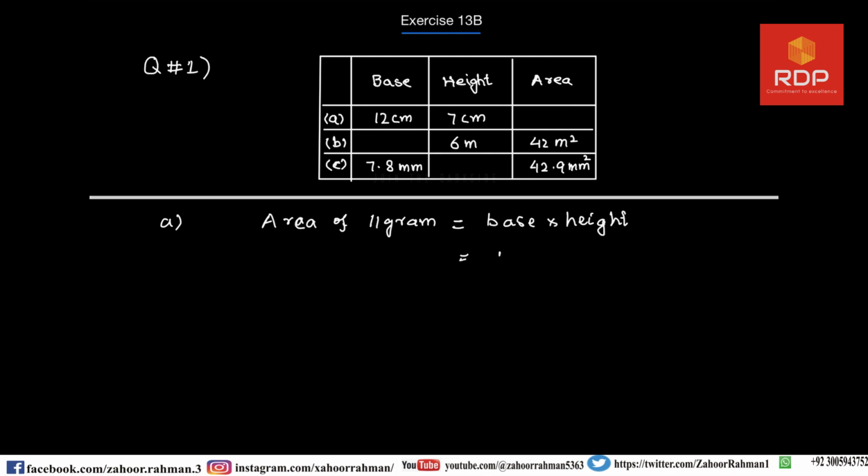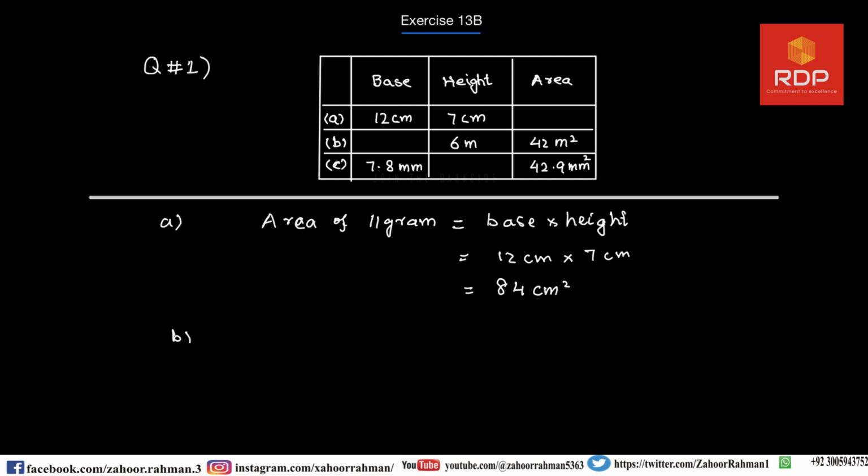Simply we have to insert 12 centimeter into 7 centimeter. Nothing else we can do. Only we have to multiply 12 with 7, and that will be equal to 84 centimeter square.